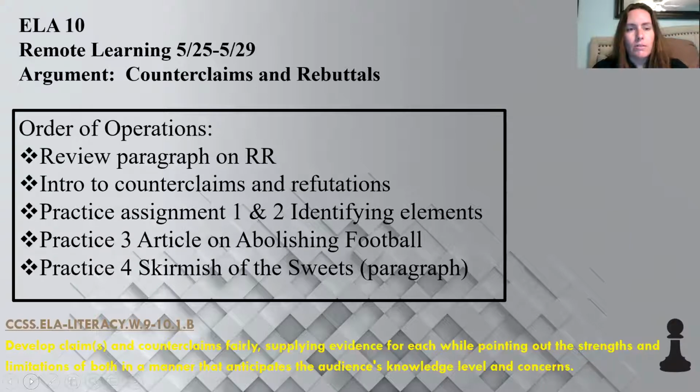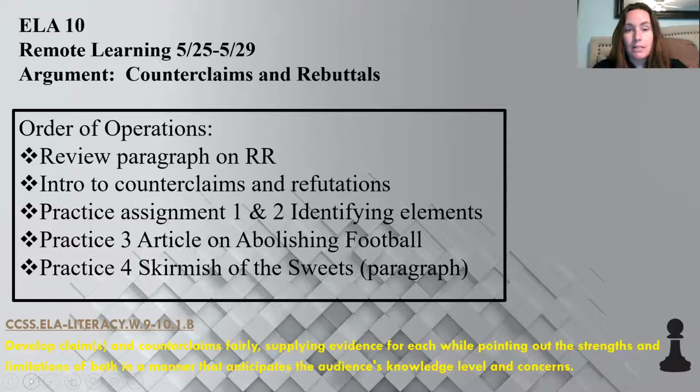So here's what we're going to be doing. There's several different components to it to get you ready for the final write-up, but all of it's part of your assignment this week. So the first thing we're going to do is review our paragraph from last week that was related to the Red Robin prompt. We're going to do an introduction to counterclaims and refutations. We will interchange the term rebuttal and refutation quite a bit.